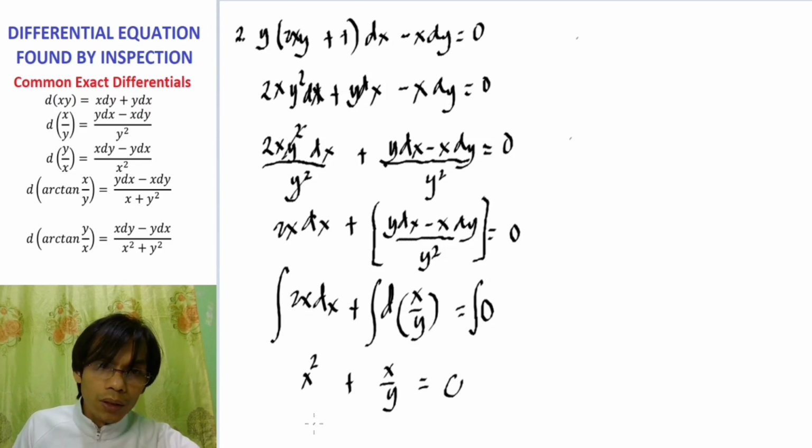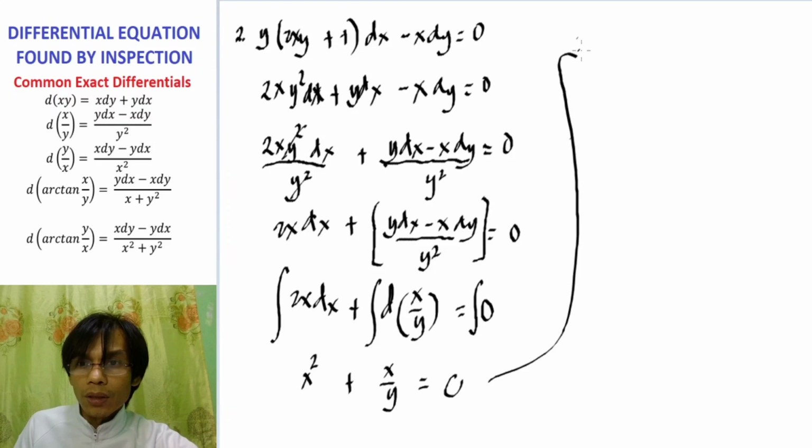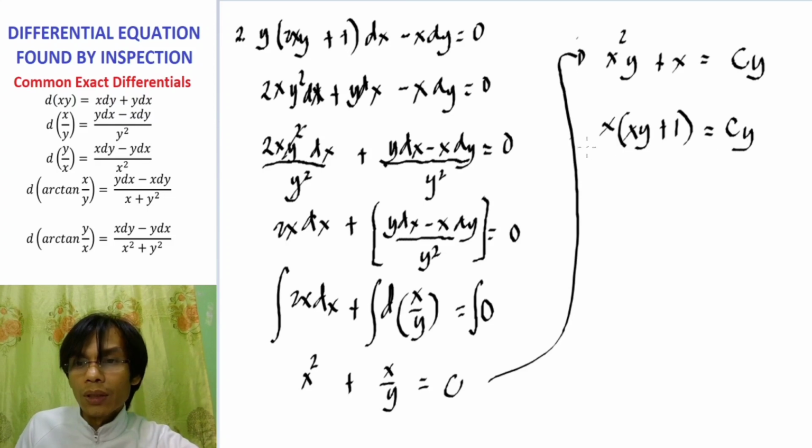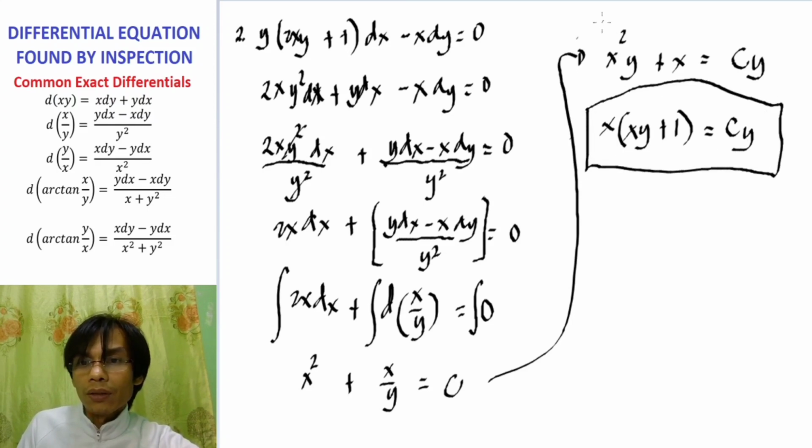Or, if we try to simplify this further, just multiply by y. So we have x squared y plus x is equal to cy. Or, that is x times (xy plus 1) is equal to cy. Now this is already your final answer. This can also be your answer already.